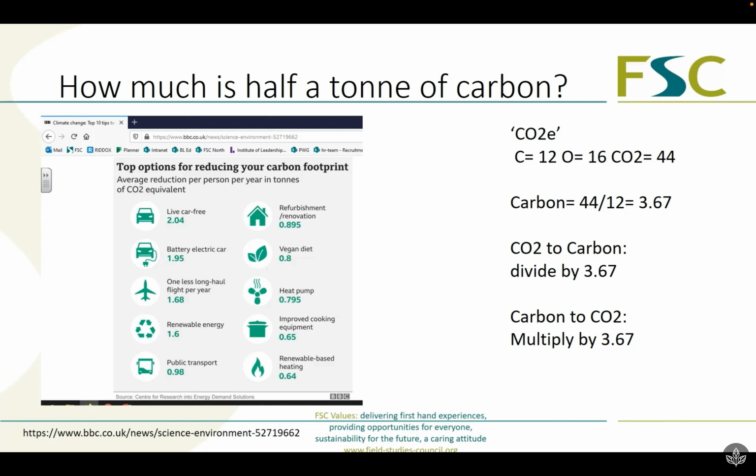So for our tree, which had 0.565 tonnes of carbon in it, if we times that by 3.7, we get to 2.07 tonnes of CO2. Now if we have a look at this graphic, which comes from the BBC, that is roughly equivalent to living car free. So for 1 year, not having a car or not using a car is the equivalent carbon saving that is contained within that one tree.